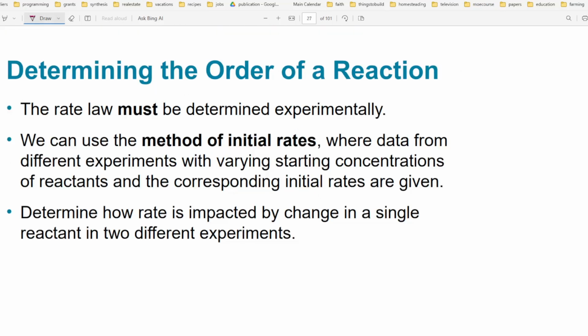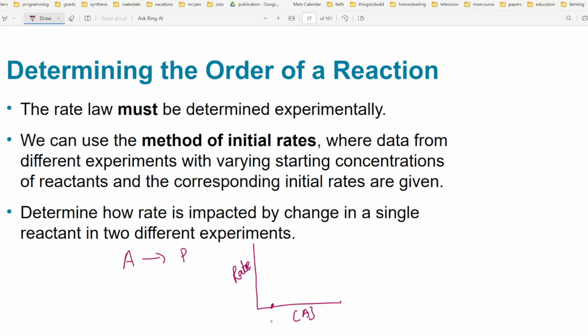Again, the rate law must be determined experimentally, and to do this we use the method of initial rates, as we saw earlier with our graphs. If we have a reaction where A is forming a product, then we can plot the concentration of A versus rate. And so what we'll do is increase the concentration in different aliquots.